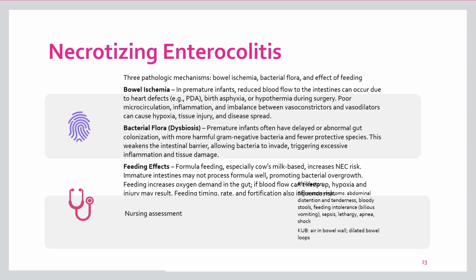Normal flora helps fight against the bacteria which are coming to attack the body. In premature infants, because they don't have enough normal flora, bacteria can invade and cause infection. This weakens the intestinal barrier, allowing bacteria to invade, triggering excessive inflammation and tissue damage.